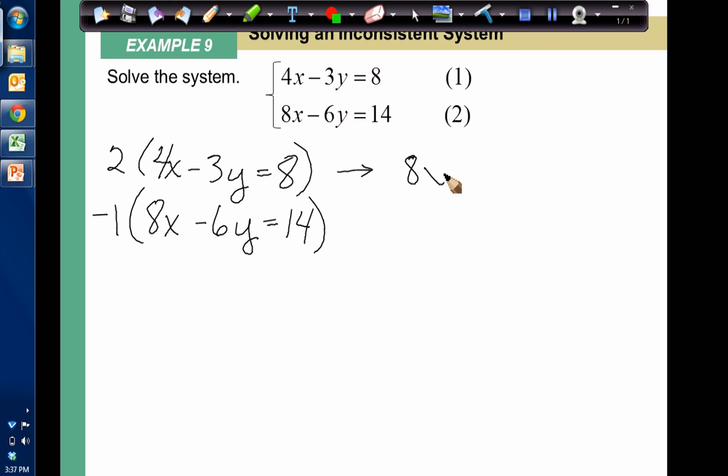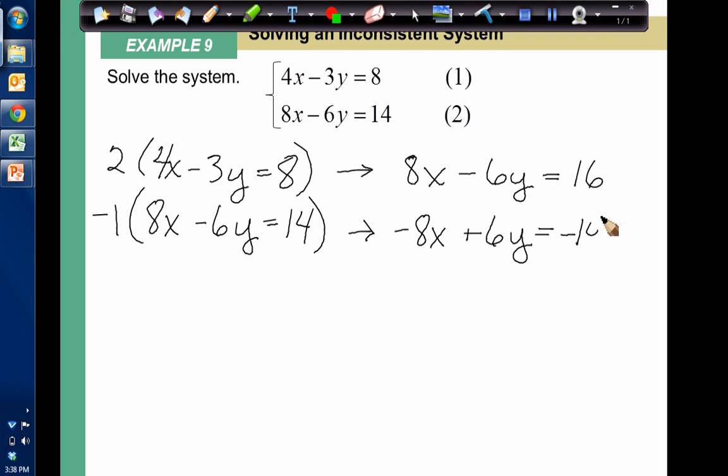So 8x minus 6y equals 16, and in this case negative 8x plus 6y equals negative 14. Okay, so our x's will cancel and our y's, and we'll get 0 equals 2.